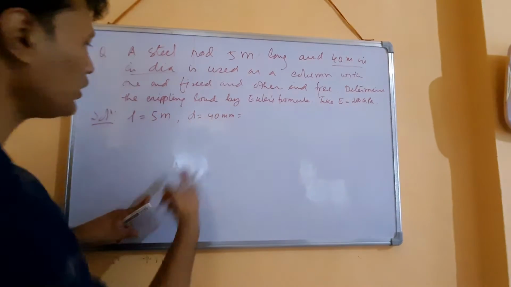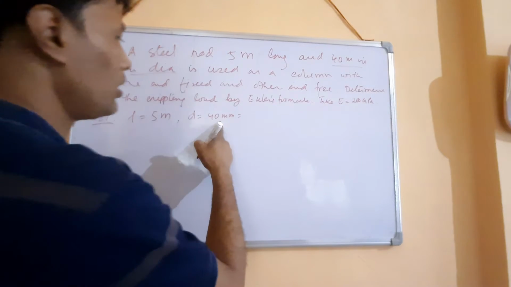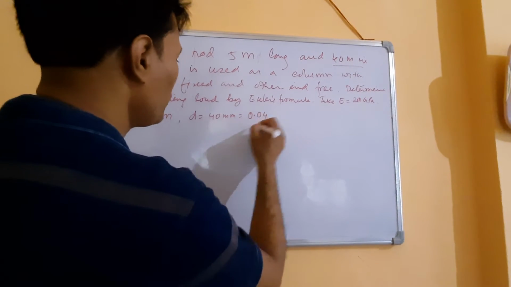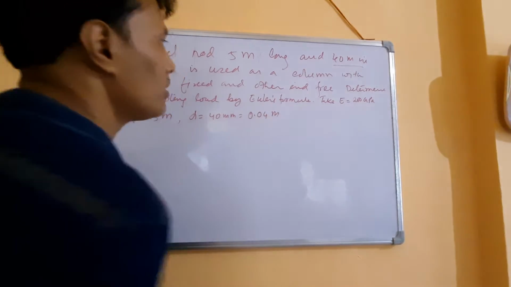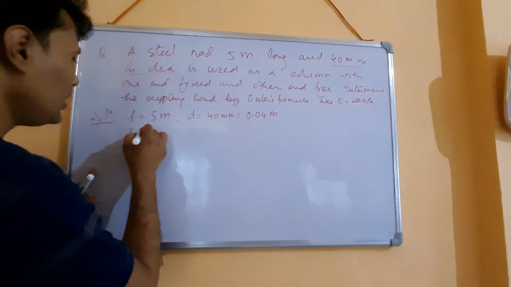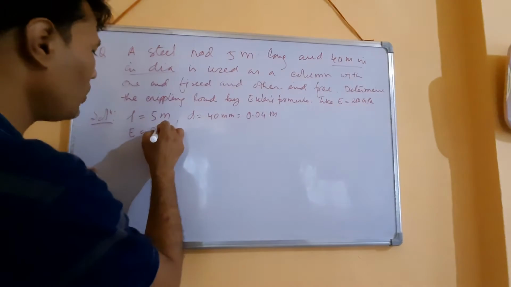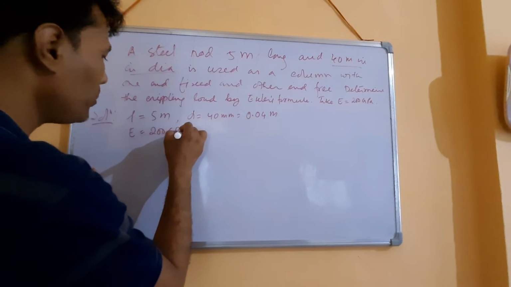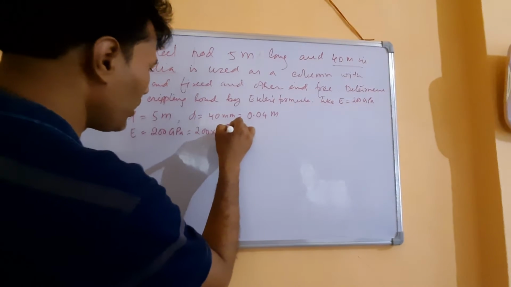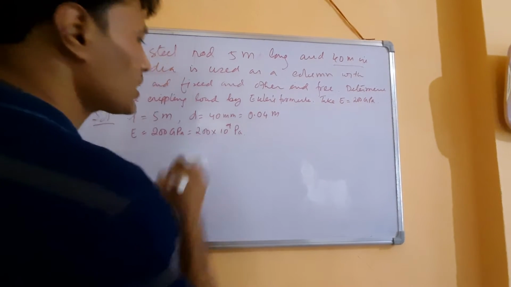If I convert it into meter, it will be 0.04 meter. And E is equal to 200 GPa, which is equal to 200 into 10 to the power 9 Pascal.